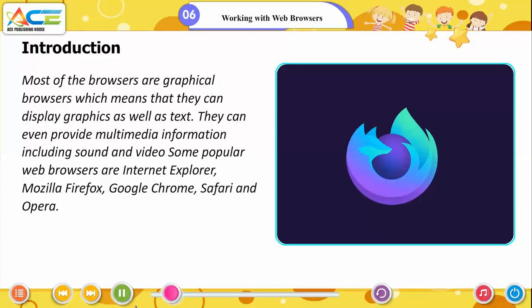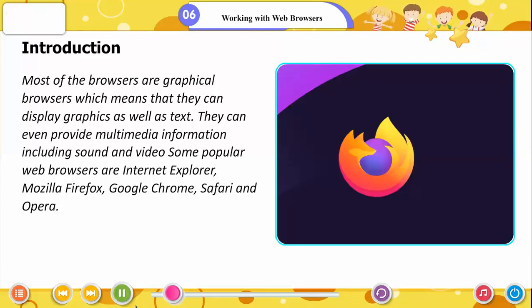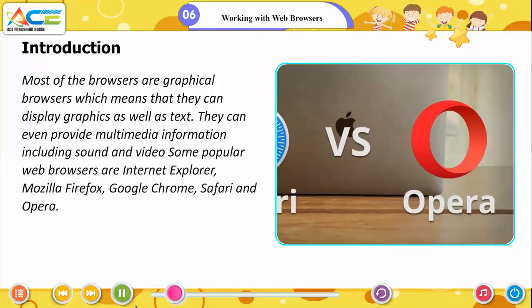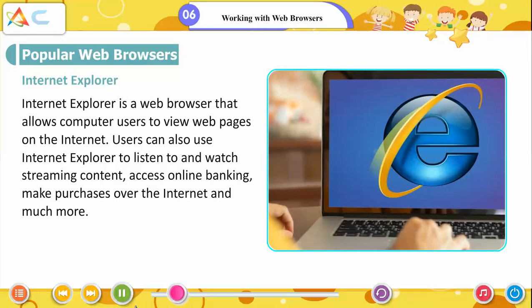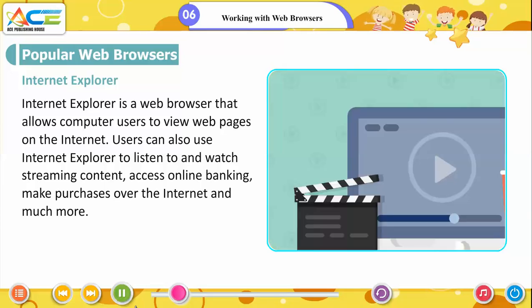Some popular web browsers are Internet Explorer, Mozilla Firefox, Google Chrome, Safari, and Opera. Popular web browsers. Internet Explorer. Internet Explorer is a web browser that allows computer users to view web pages on the Internet.